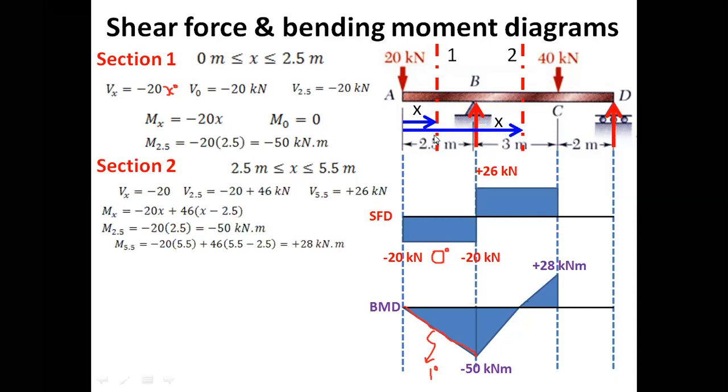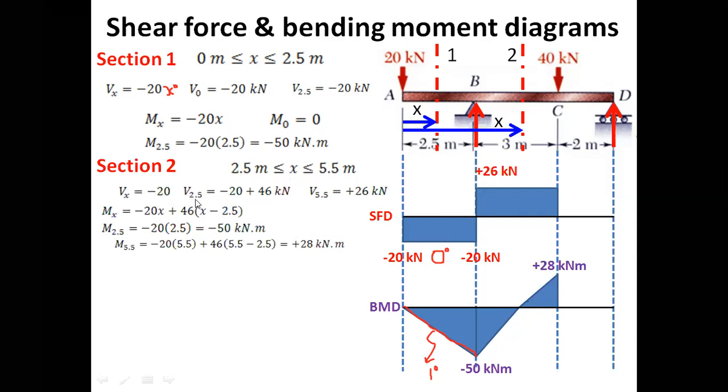Again, if we look here, the order of the equation is 0. Vx is plus 26 kilonewton, and here x is to the power 0. So to find V 2.5 for this section, we put x equal to 2.5.